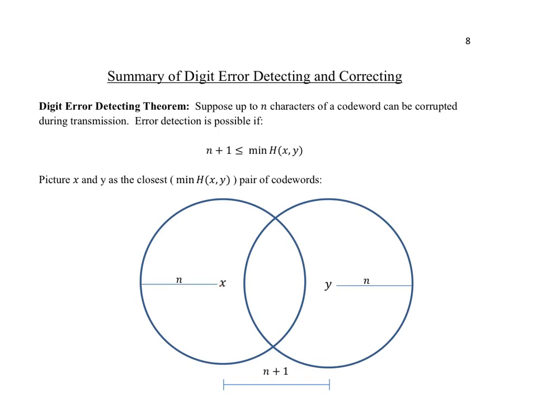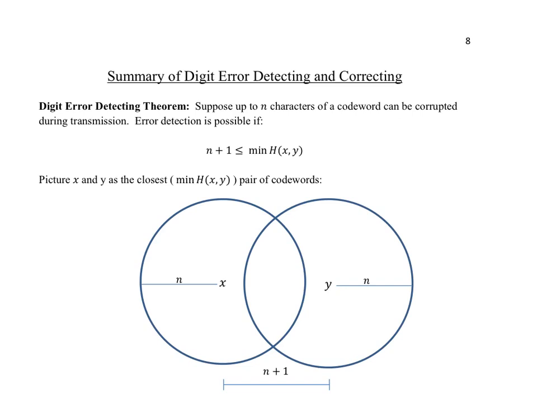And as long as we have every code word only as close together as this picture shows, we can get successful error detection. So notice that as long as x can't change all the way into y, as long as there's enough separation or enough Hamming distance so that that doesn't happen, we have successful error detection.